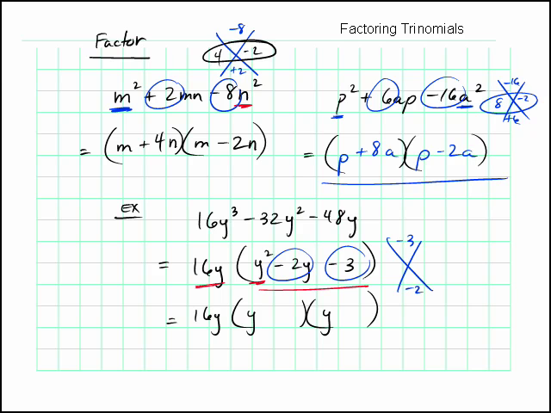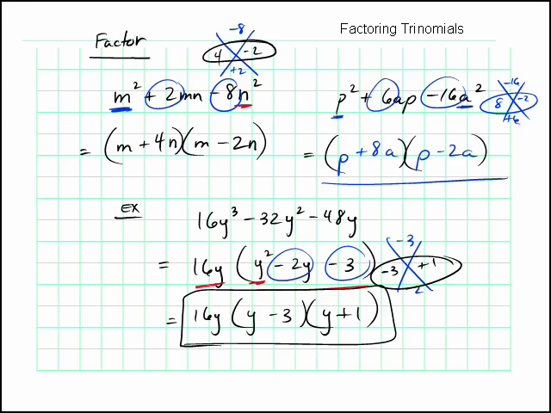And those two numbers would be a negative 3 and a positive 1. Those multiply to negative 3 but add up to negative 2. Minus 3 plus 1. And I have my polynomial completely factored. There's the whole thing right there. If I were to multiply that all together, I would get the original polynomial back.